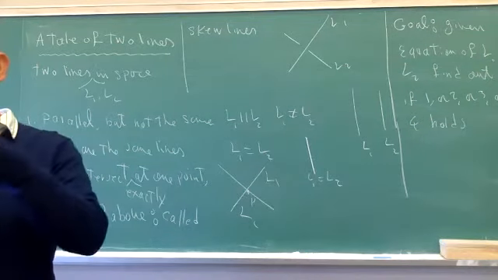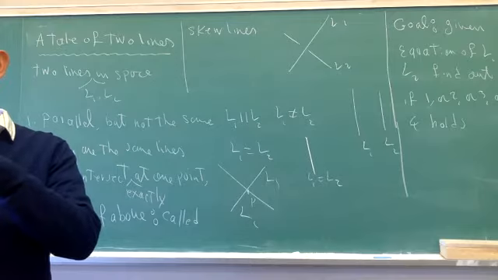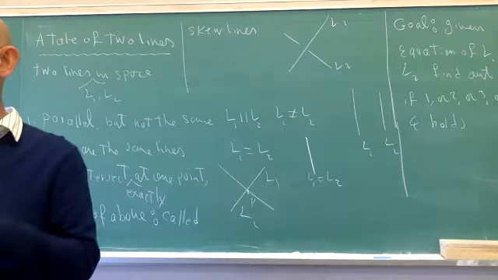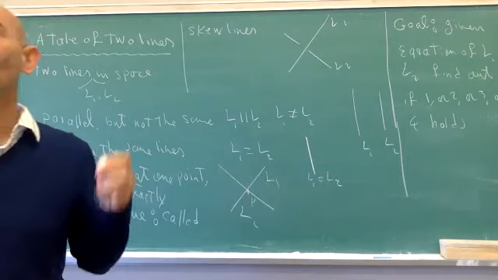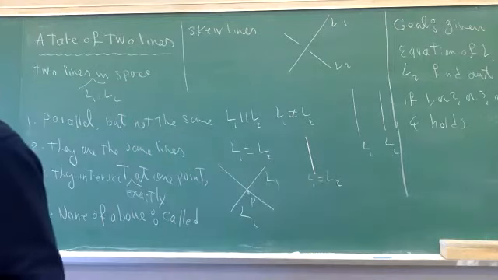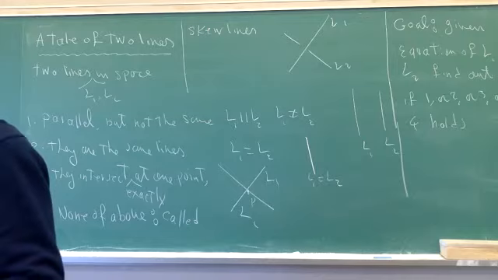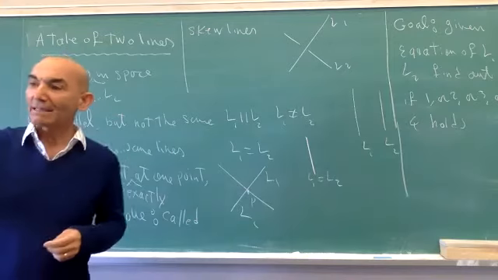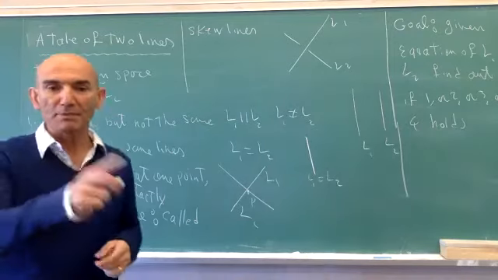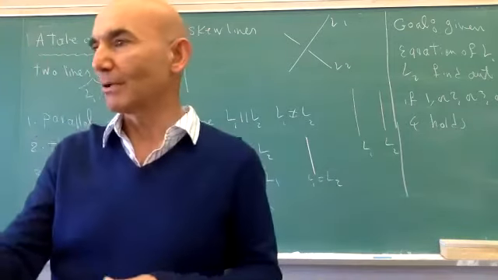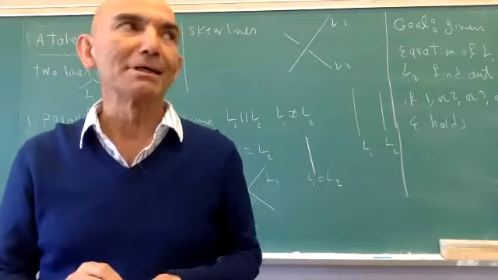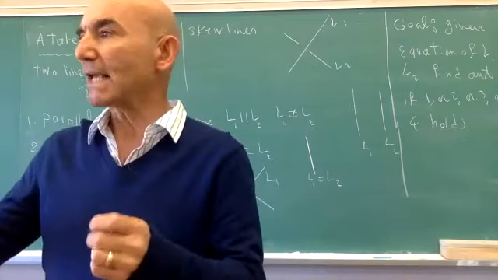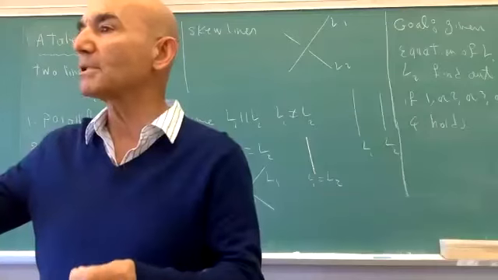But the space of 2 lines is not R3, because you remember I said to fix a line... actually it's more than R3 cross R3. It's R6 cross R6, a 12-dimensional space. I'll explain to you. At the beginning of the lecture, I mentioned, to fix a line in a space, how many parameters do we need?